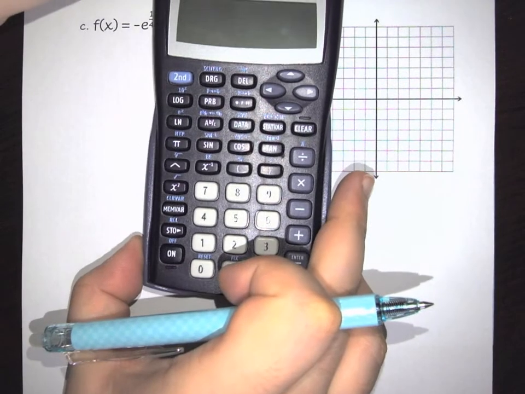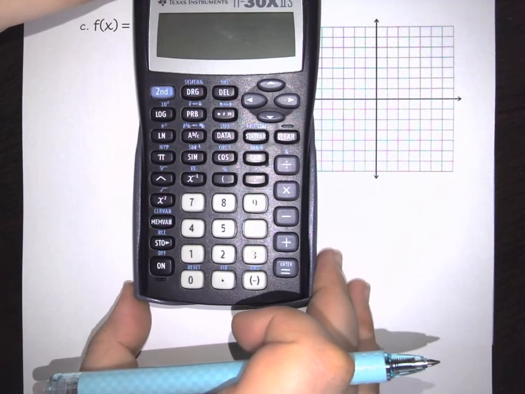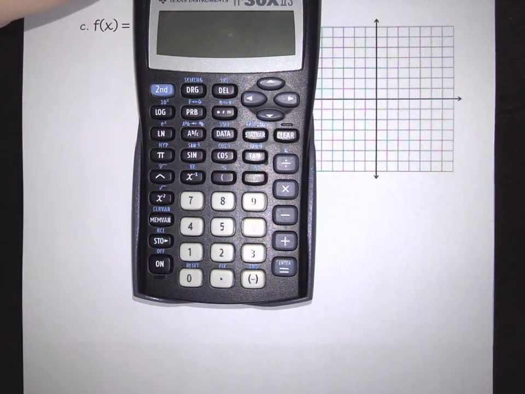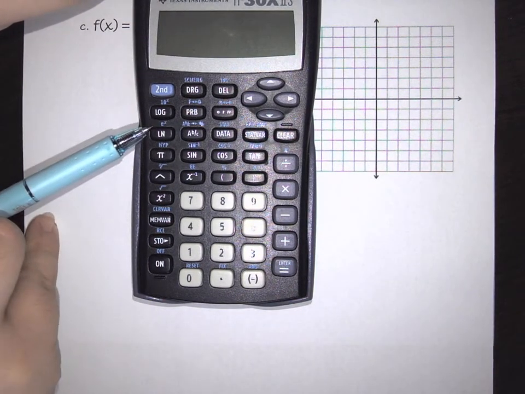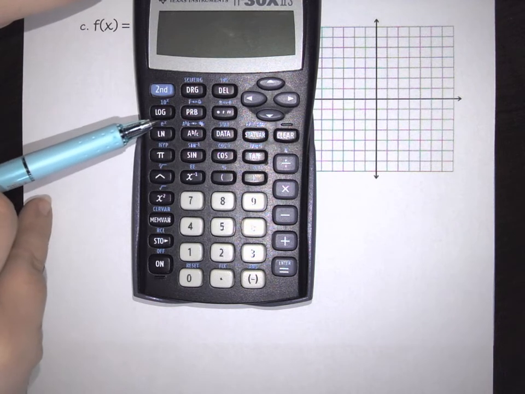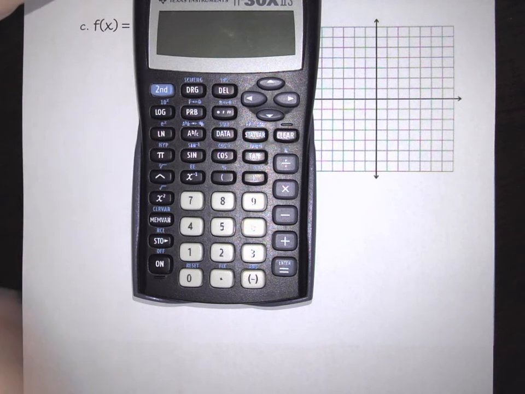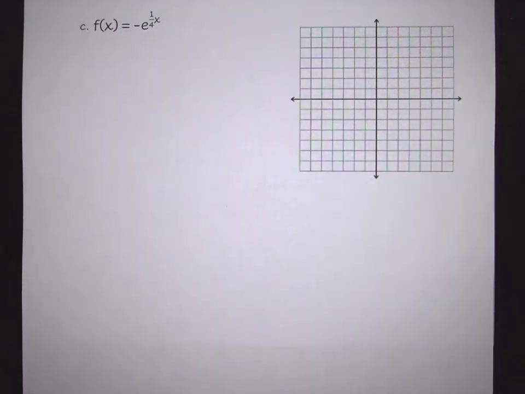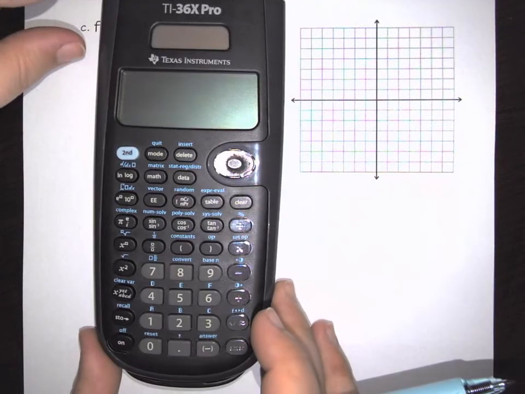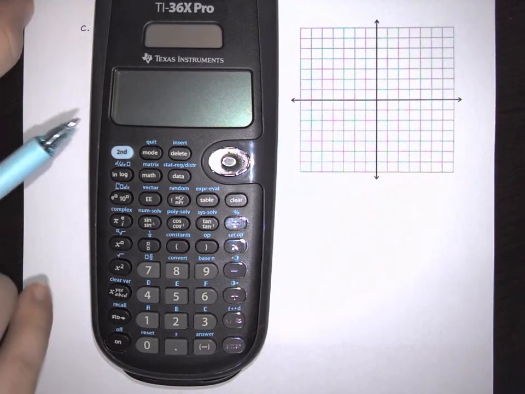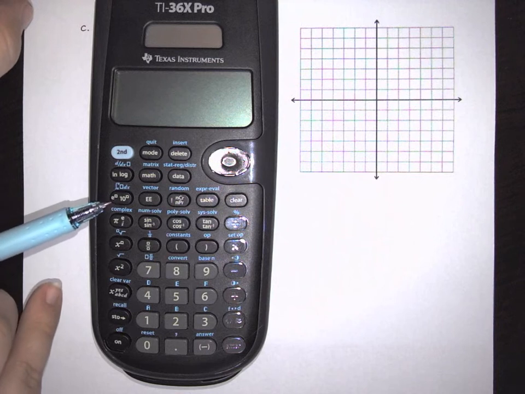If you notice on this calculator here, I'm hoping you can see it, right here above my LN button, you can see this little e to the x, so that would be that special e. If you're using a calculator more like the TI-36 Pro, like this one, notice here I have a button that is e to the little square, so this is my e button.